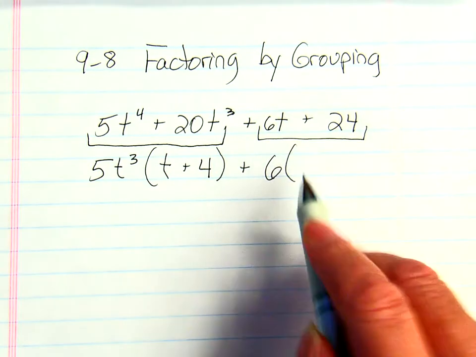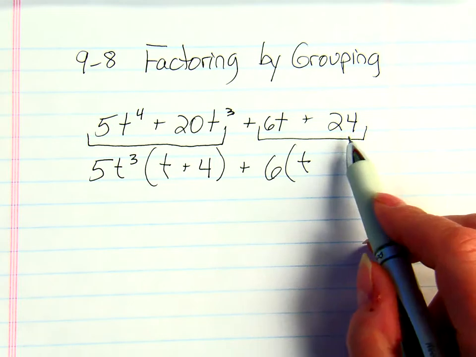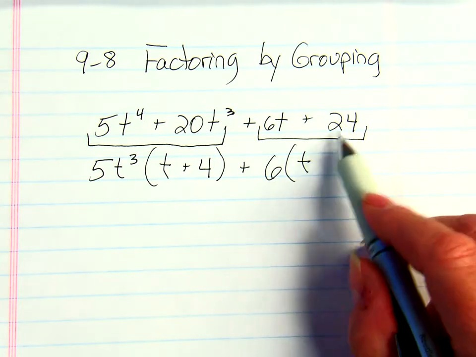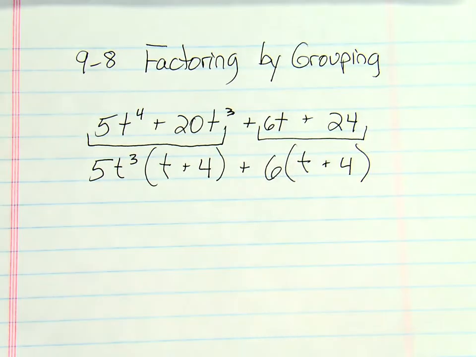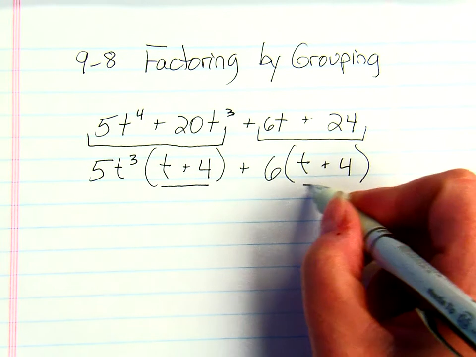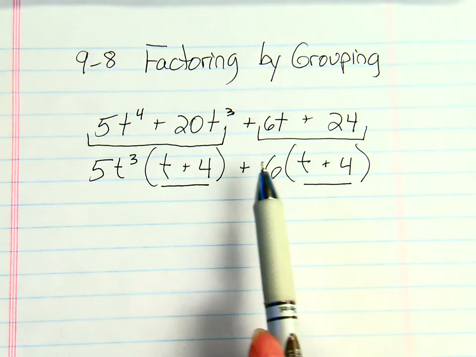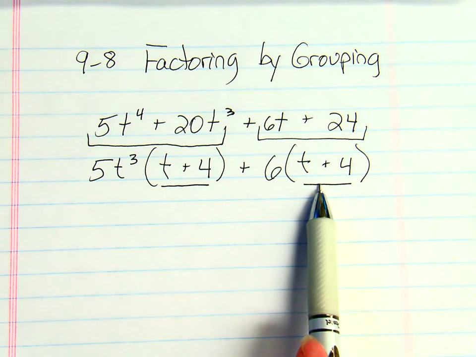And what's going to be left is this t. And when I take the factor of 6 out of 24, I'm left with 4. Now, what I need you to see is the fact that what I have left in both of these factorings is the same exact thing.